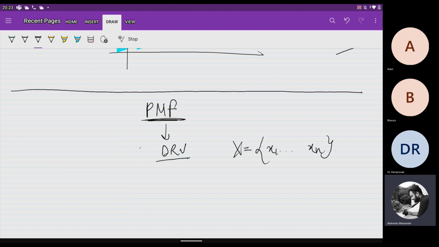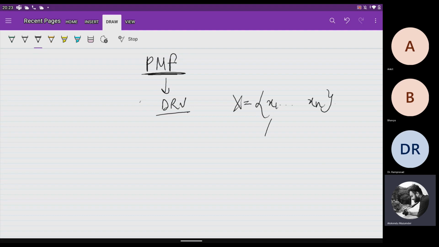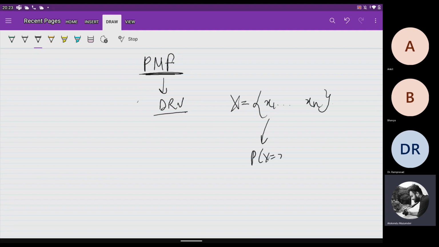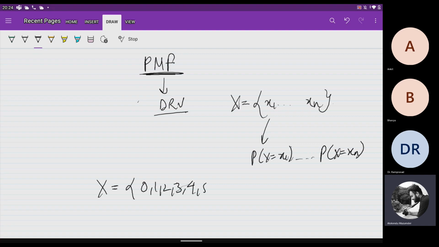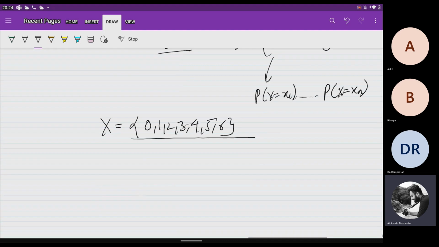It can take a number of values, and for every value you can assign some probability, like rolling of a die, it will be 1, 2, 3, 4, 5, 6, right? So these are basically x1, x2, x3, x4, x5, x6, and associated with each you have a certain probability. So these are all 1 by 6, right?